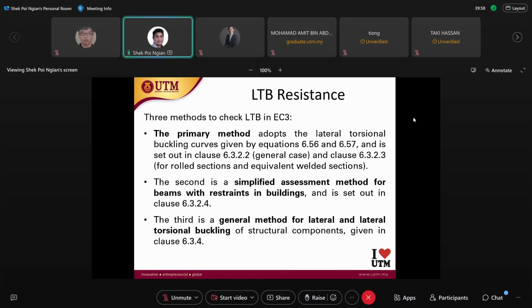To keep it simple, we adopt only 6.3.2.2, the general case. Remember, we use the primary method, general case.